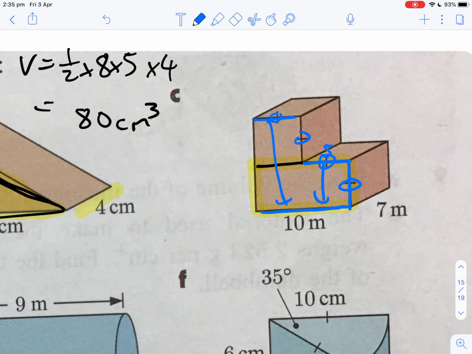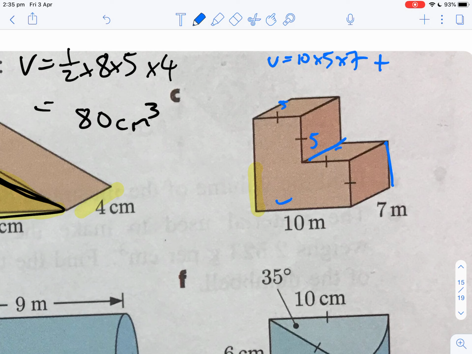So my first rectangle, when I come to do my volume, is going to be 10 times 5. So I've got my base across here times this height, timesing that by 7 to turn it into my 3-dimensional cube there. Plus I've got the rectangular prism on top, and again, because I've got all these markers, I can see that the measurement of that is again also going to be a 5 and a 5, and the width along here is going to be a 7, the same as the width there.